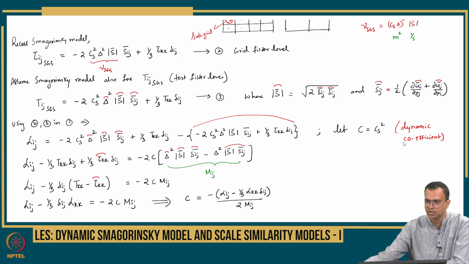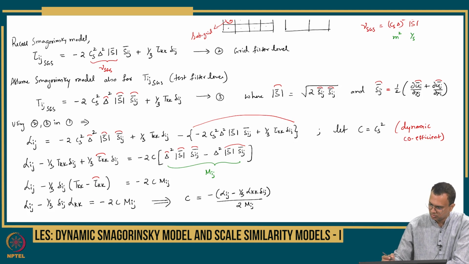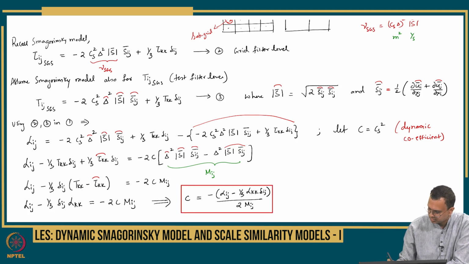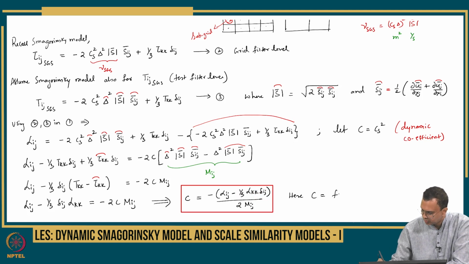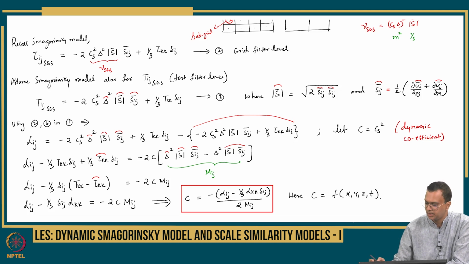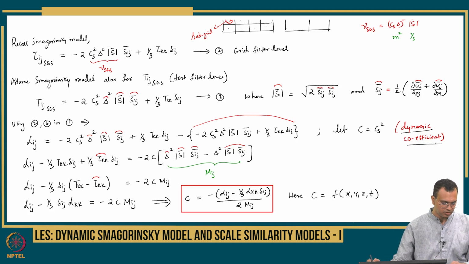But is C now constant, or is it a function of time or a function of 3-dimensional space? It is a function of 3-dimensional space and time, right? So in this particular equation, C is now a function of 3-dimensional space and time, your dynamic model coefficient. Runtime you have to calculate this.